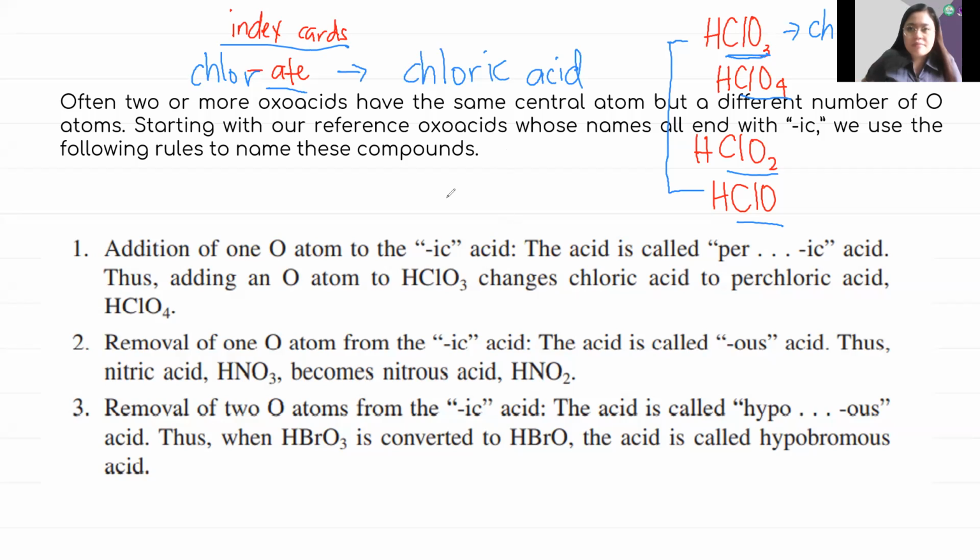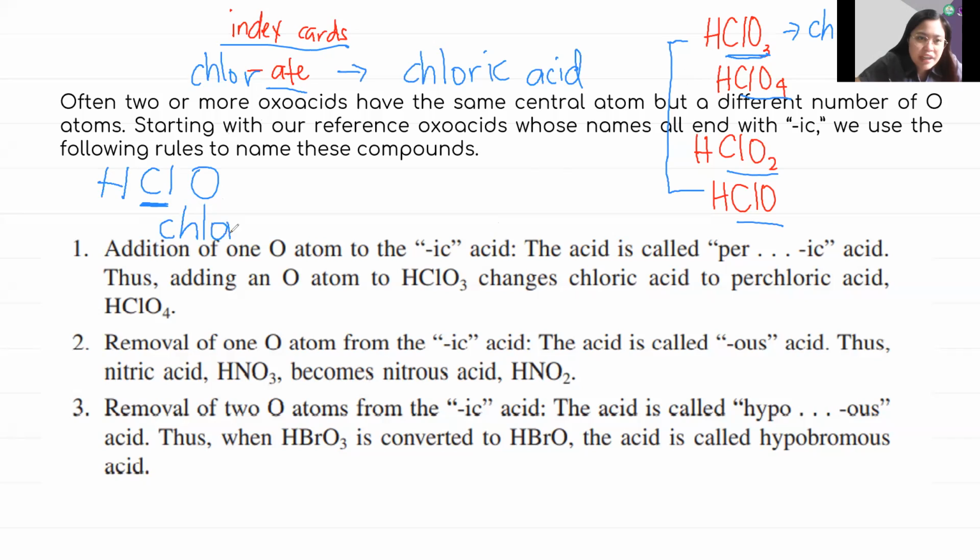Ma'am, please repeat. Okay, let's repeat the explanation. We have oxo acids here, four of them. What I taught you before the break: for an oxo acid, whatever the central atom is, that is the name we use.